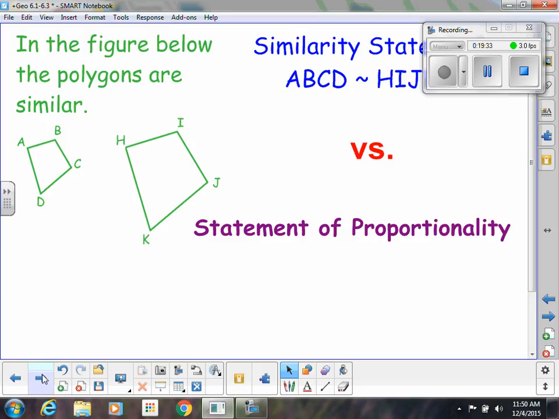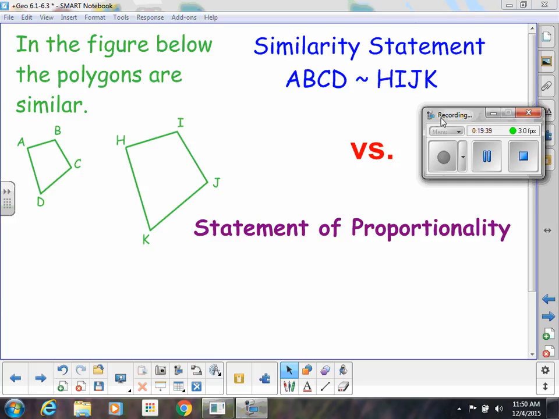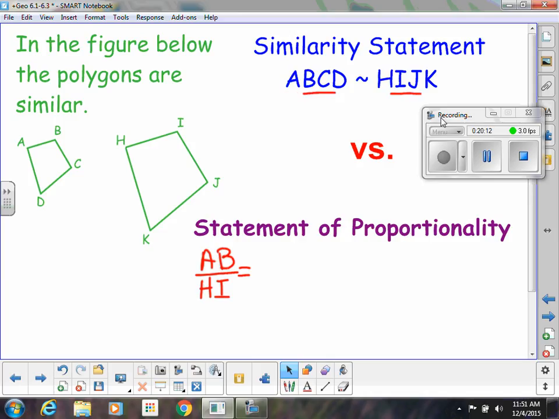So let's look at this. They give us a similarity statement, which we just talked about. And then let's talk about the statement of proportionality. This is when we are discussing the individual sides, like I was saying. All the sides have to be proportional. So if I do AB, those are the first two letters, that's going to correspond to the side HI. So AB over HI, that ratio should be equal to, if I scoot this over, BC and then IJ.